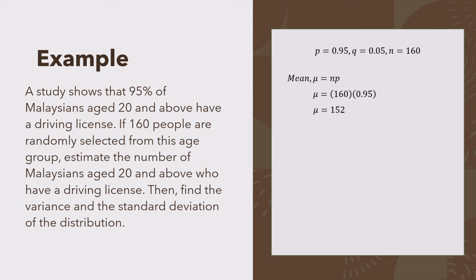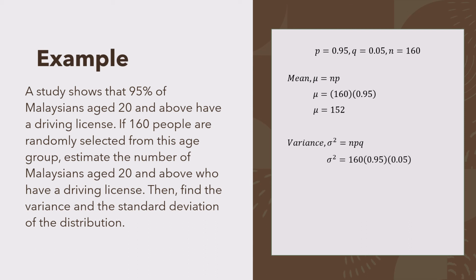If we choose 160 people, roughly 152 of them have a driving license. The rest don't. And the variance, sigma squared, is equal to npq.